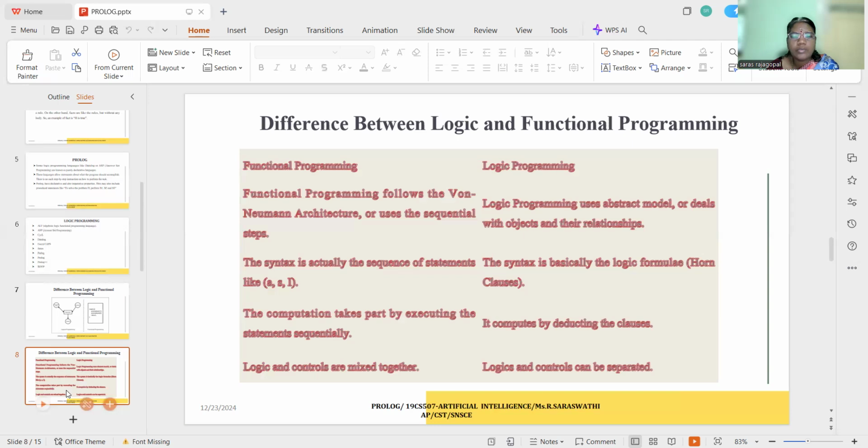Functional programming follows the von Neumann architecture and uses sequential stages. Logic programming uses an abstract model. It deals with objects and their relationships. Functional programming is actually a sequence of statements. Logic programming's syntax is basically based on logic formulation.